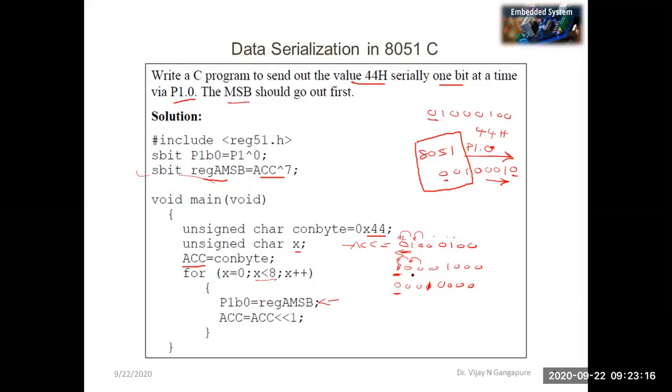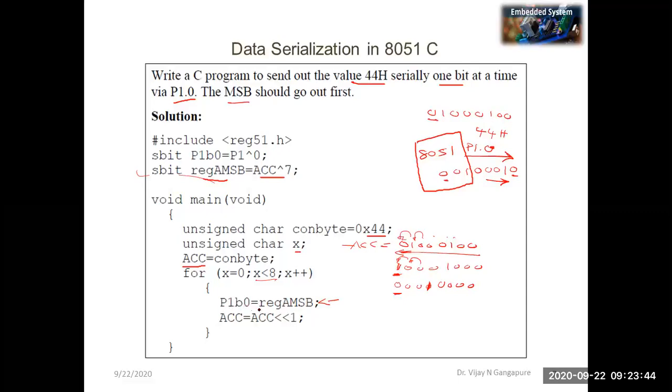Means we are just shifting content of accumulator towards left by 1 position each time, and I am outputting whatever the bit number 7 of accumulator is on pin number 0 of port 1. In this way all the 8 bits will get shifted to this bit number 7 and will get outputted on pin number 0 of port 1.